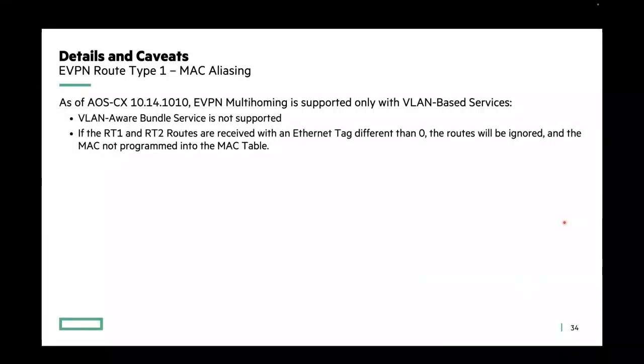And finally, as we already mentioned, 10.14, 10.10 doesn't support EVPN multi-homing with VLAN bundle. Only VLAN-based service is supported. So it means that all RT1 AD per EVI or RT2 received with a non-zero Ethernet tag will be ignored and the MAC address will not be programmed into the MAC table.